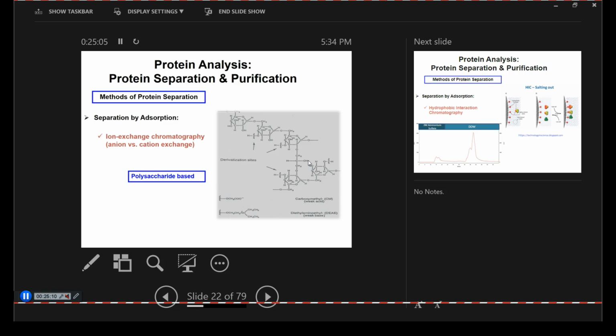If it's an acidic group, that means it carries a negative charge. That means it separates positively charged proteins. If it is a base group, it has a positive charge. That means it's going to separate negatively charged proteins, because the negative will interact with the positive, and the positive will interact with the negative functional groups.